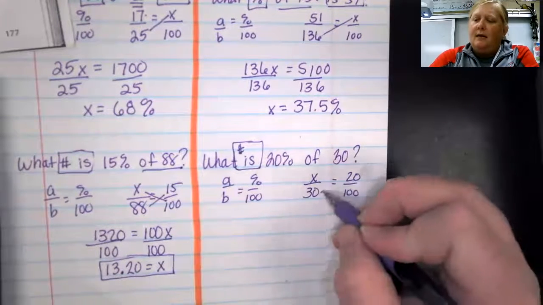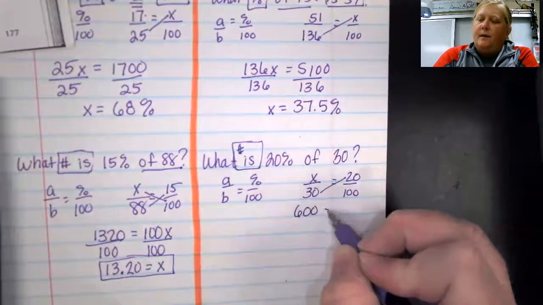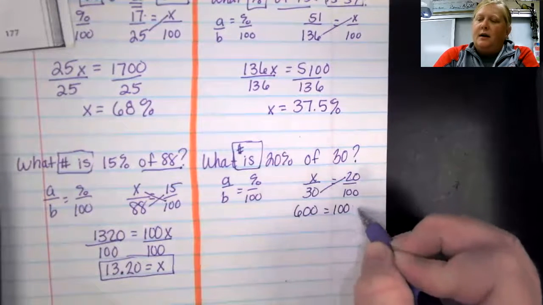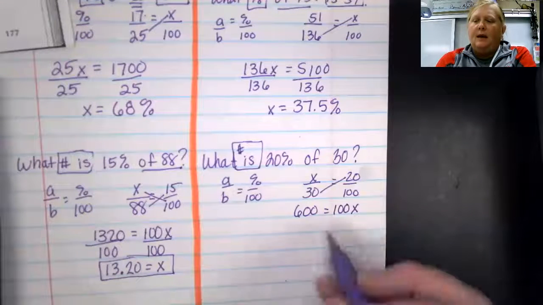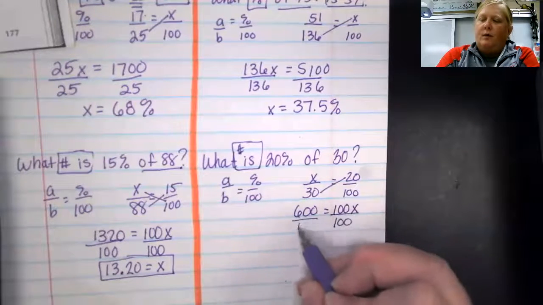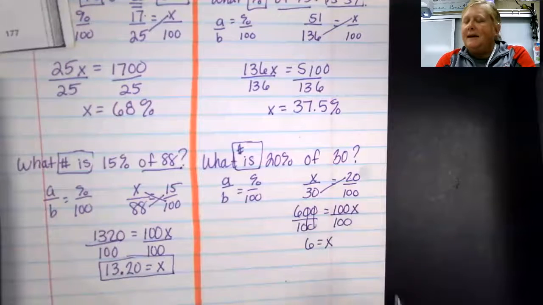So 30 times 20 is 600, and this is 100x. Divide by 100. That's going to be easy. x is 6. Now, hang on a sec.